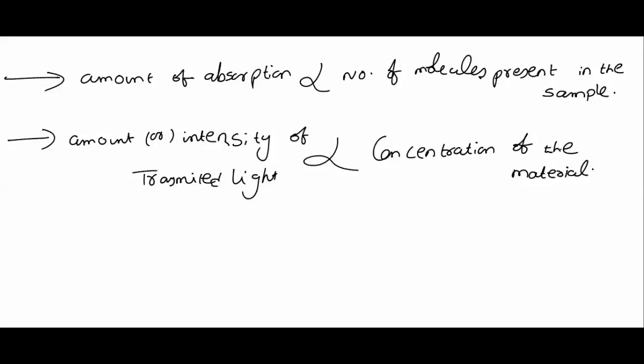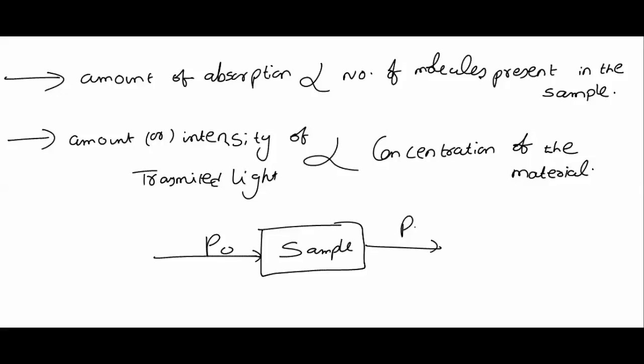Now I am going to take one more sample in this manner. Let P naught be the incident light radiation and P the transmitted radiation. Now we are going to see some of the formulae.